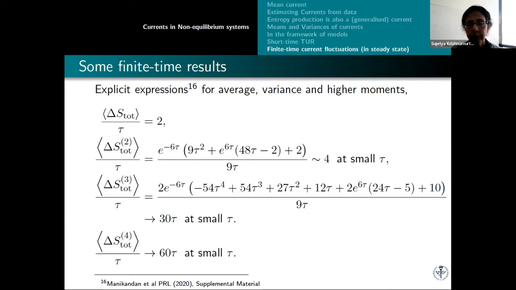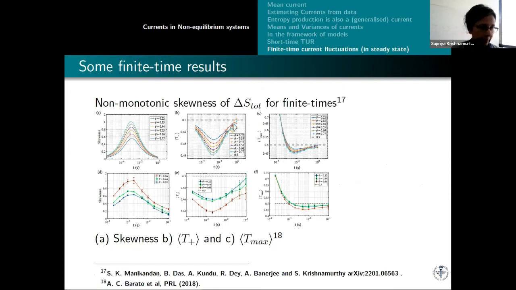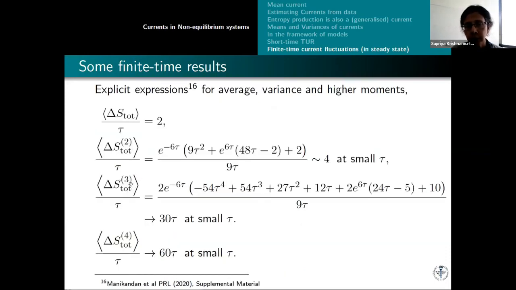You can also get one other thing, and this might actually be my last slide. The other thing that we've done more recently is that we've looked at this skewness, which is the third centralized moment over the variance to the 3/2.